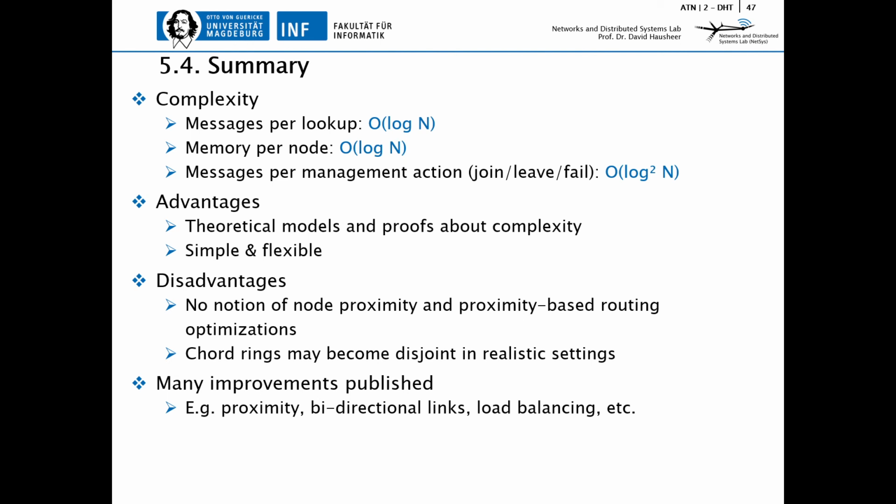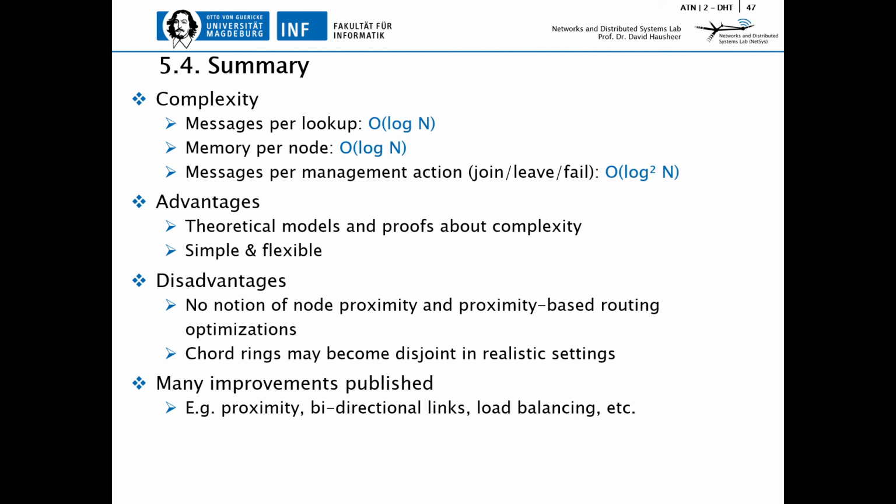This is a bit worse than the message and memory overhead, but since these management actions don't happen very frequently, they basically only happen whenever new nodes join or leave, this is tolerable. Advantages of the Chord network are that there exist theoretical models and proofs about this complexity, and yet the network stays really simple and flexible so that it can be used by different applications.